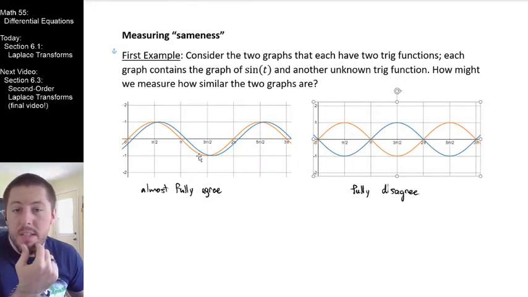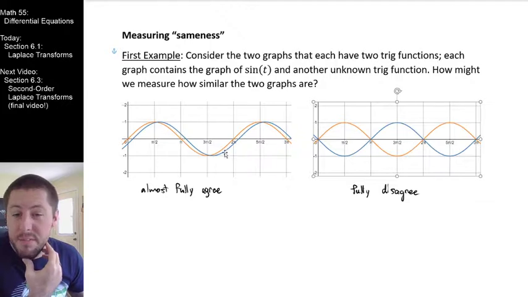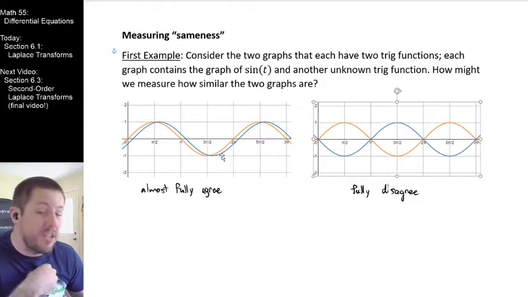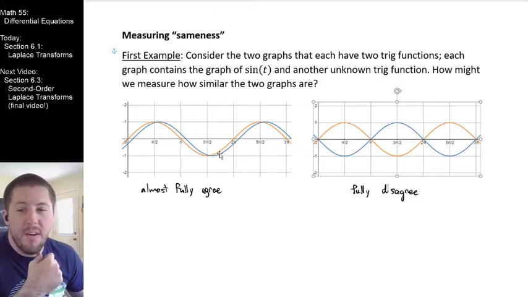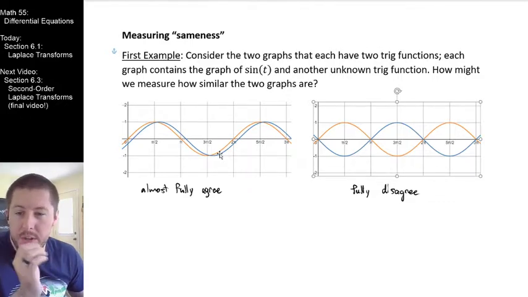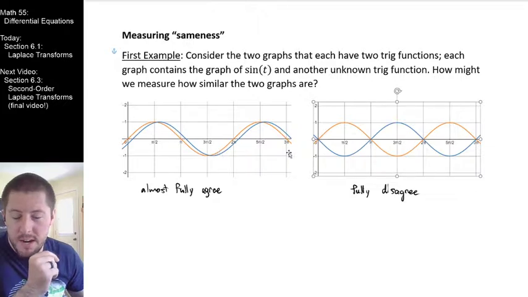You should also notice that in this lobe down here, both of the functions are experiencing negative values. And so when we take their product, we're actually going to get more positive numbers. So that's contributing to this idea that we will get large numbers out when we do the product of both of these two functions.